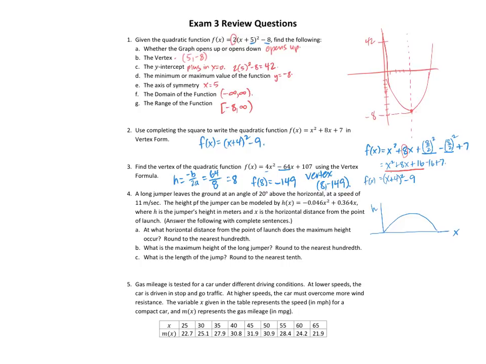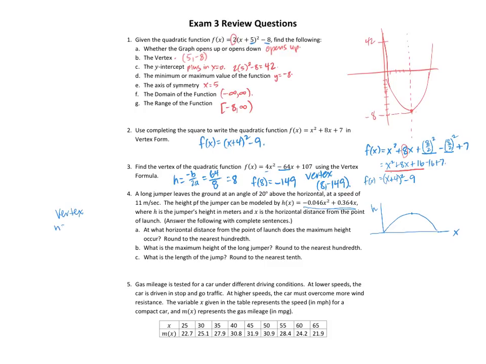And so here what we can do is put this in vertex form to find the vertex of this jumper. So what horizontal distance from the point of launch does the maximum height occur? So we can find that vertex.